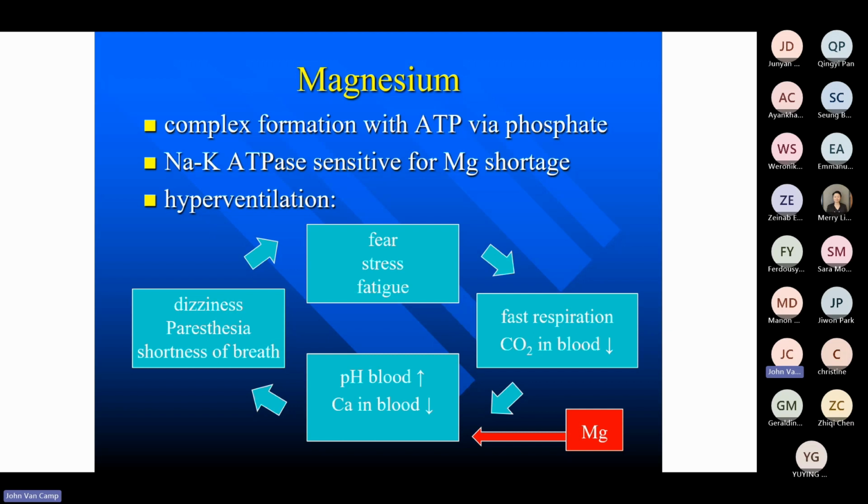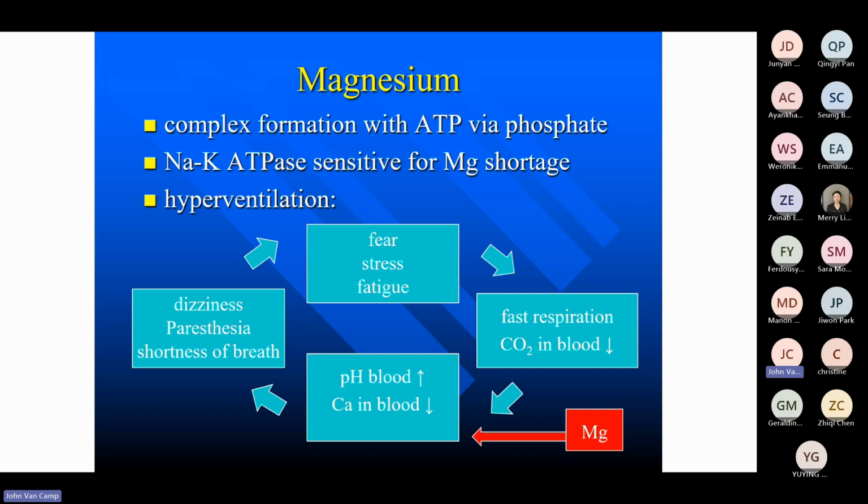In those cases, you will have a fast respiration with more oxygen and less CO2 in the blood. The pH of the blood is changing, calcium levels in the blood will drop, and then you get shortness of breath, and you get more or less pains that can develop in the muscles.